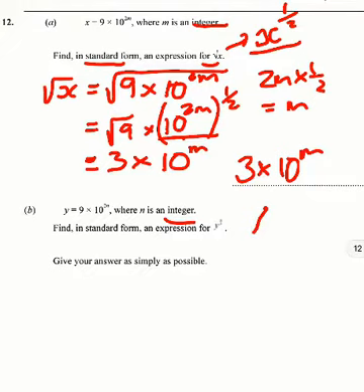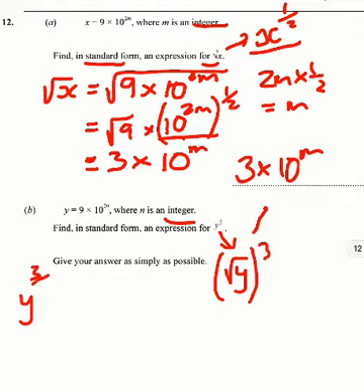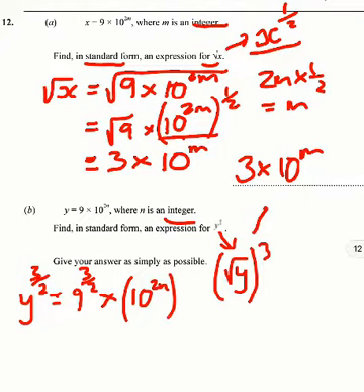We're going to do y to the power of 3 over 2, which is the same as square rooting y and then cubing your answer. And so we're going to put y to the power of 3 over 2 is equal to 9 to the power of 3 over 2 times 10 to the power of 2n to the power of 3 over 2.